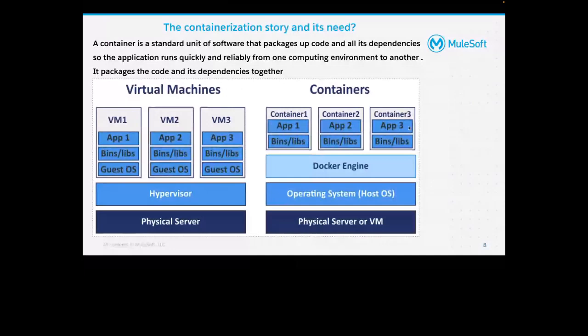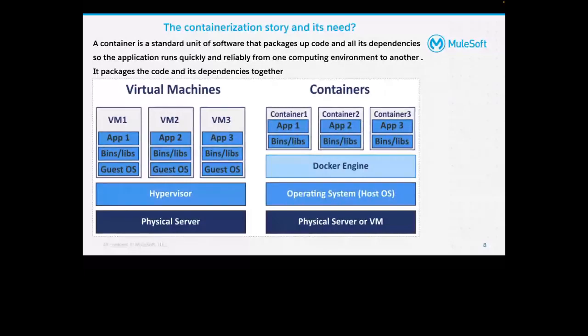So containerization gives you that flexibility. If I correlate this with our topic of RTF, you can run multiple different versions of Mule runtime using this approach, which was not possible even on-premise or in a hybrid implementation.